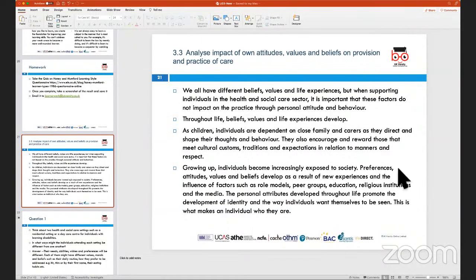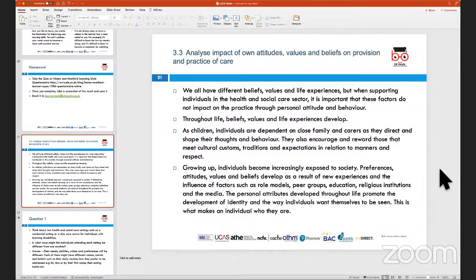Now, when we look at attitude, belief, and values, we relate them to carers. For example, if you were to work as a health and social care worker, these three things, attitude, values, and belief, would shape the behavior you show, or the attitude that you bring towards your place of work, and the behavior that you exhibit when you are providing these services within a particular setup.